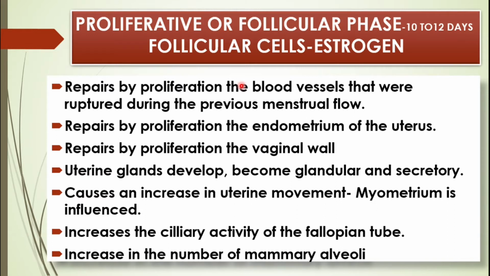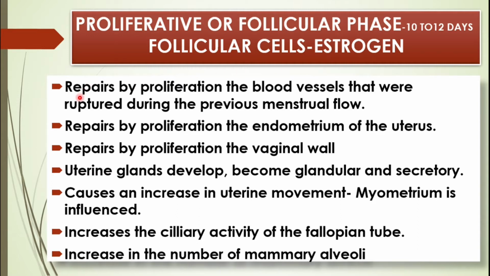Now, what are these changes? We saw that the FSH causes changes in the primary sex organ or the ovary, but the estrogen is causing certain changes in the secondary sex organs.